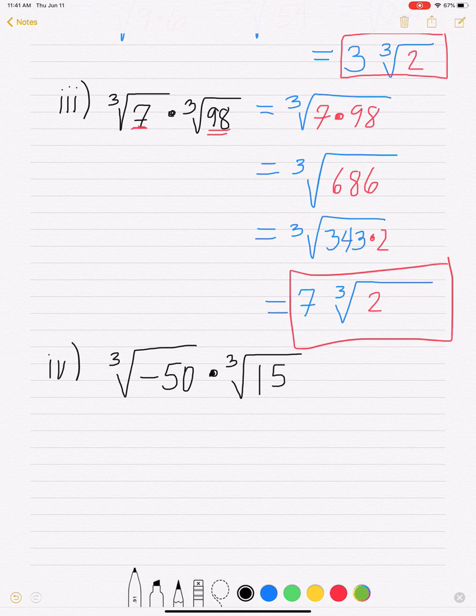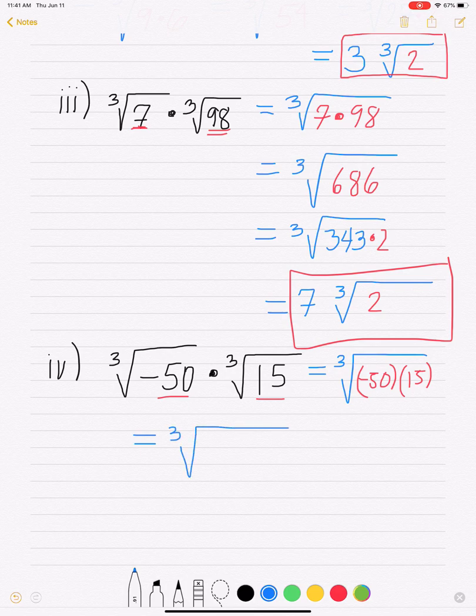All right, so we have a common radical, cube root, so we're going to make that cube root symbol. We're going to multiply negative 50 by 15. Put parentheses. All right, so what is that exactly? What is negative 50 times 15? Minus 750, right? Minus 750.